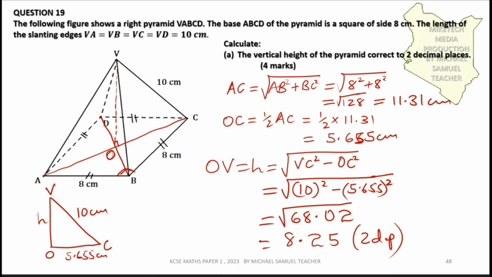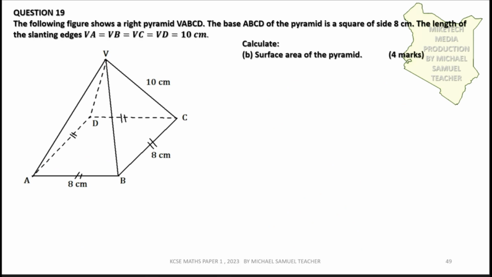Then part B of the question, calculate the surface area of the pyramid. In that case we need the area of the base ABCD, and then the areas of the slant faces.